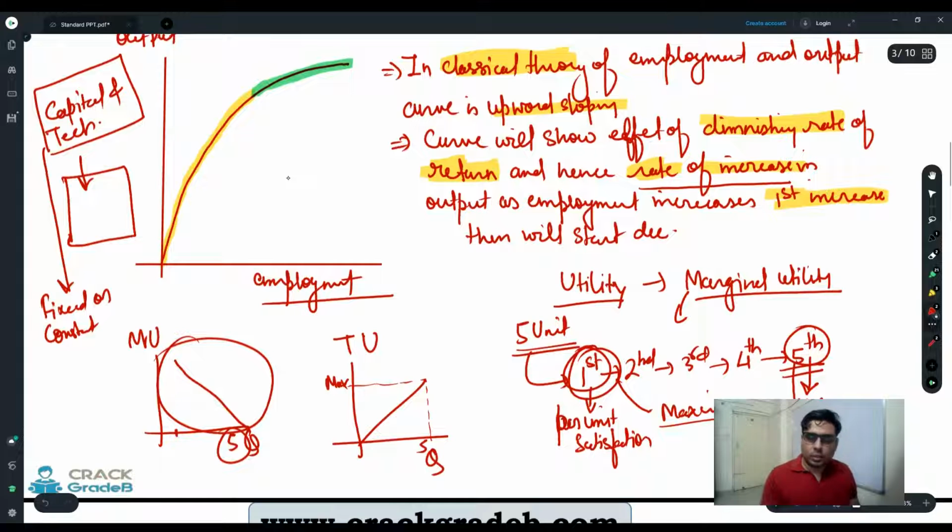If we increase our number of labors, our total productivity is going to increase, but the productivity per labor is going to decrease. That is the diminishing effect. So the same effect is coming here. Okay, I hope it is clear now.